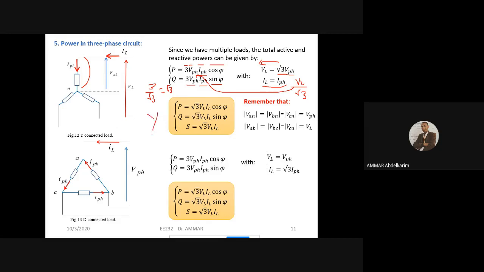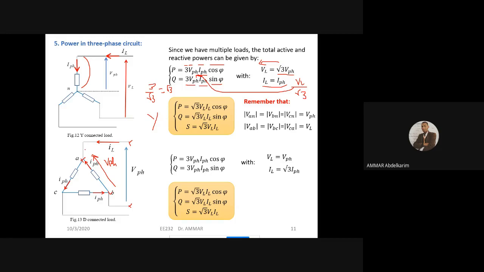Y connected system. However, when we have delta, in the delta connection system we have V phase. This voltage V phase is the same as the voltage across the load. V phase here is the voltage between A and B. It's the same as from this point to this point, the same voltage, of course. While the line current is not the same.